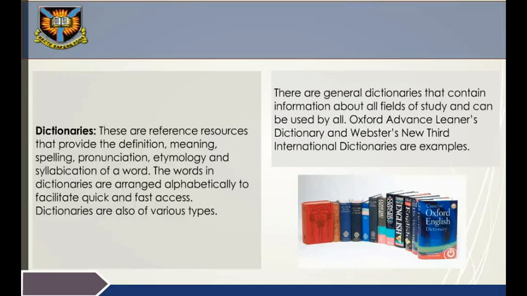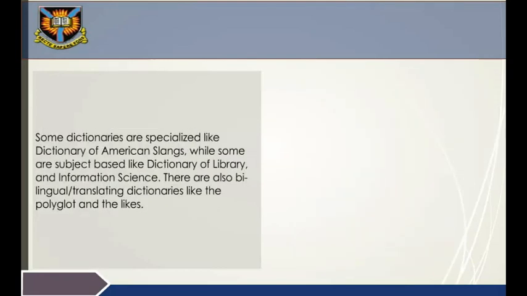Oxford Advanced Learner's Dictionary and Webster's New Third International Dictionary are examples. Some dictionaries are specialized, like Dictionary of American Slang, while some are subject-based, like Dictionary of Library and Information Science. There are also bilingual translating dictionaries, like the Polyglot and the like.